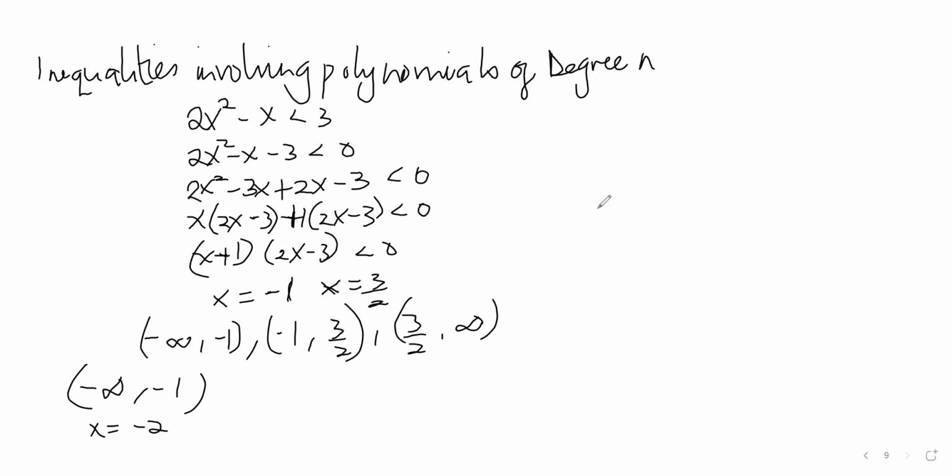We'll have 2 times -2 squared minus -2. Is it less than 3? So 2 times 4, 8, minus -2.